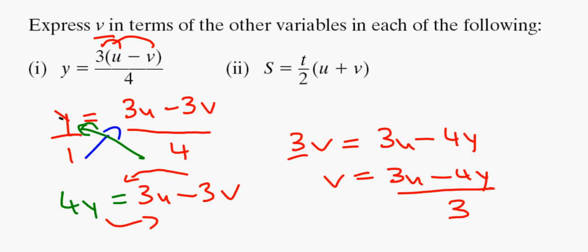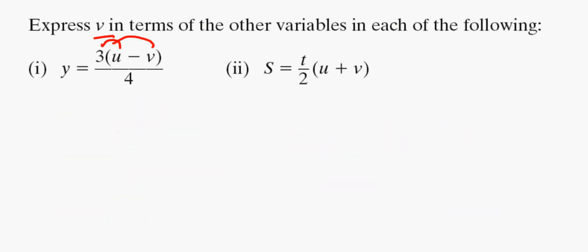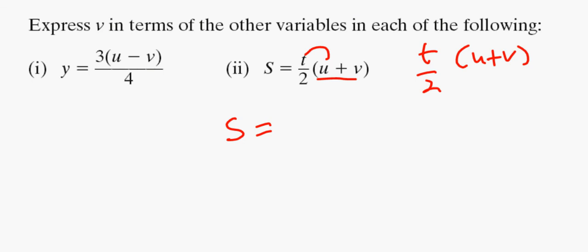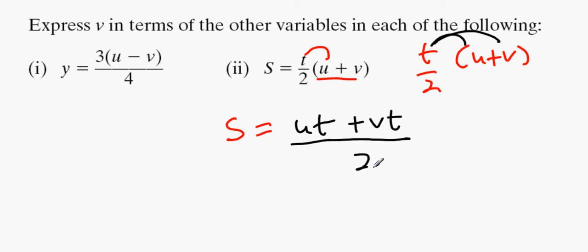You multiply top by top, so t by u is ut. t by v is vt. And that's all divided by 2. And that's s over 1.